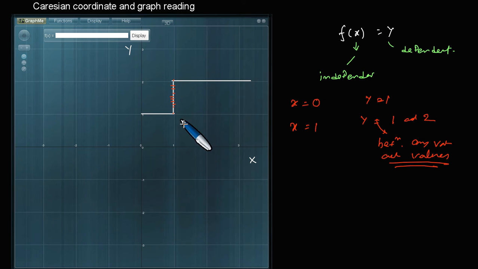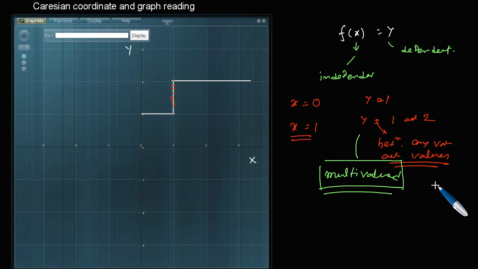This thing where you get a single x and multiple y, what do we call it? There is a name. We call it multi-value. In a physical system, there is no place or space for a multi-value function.